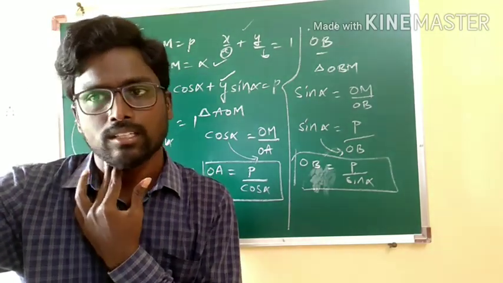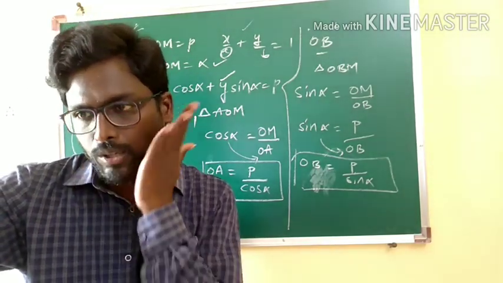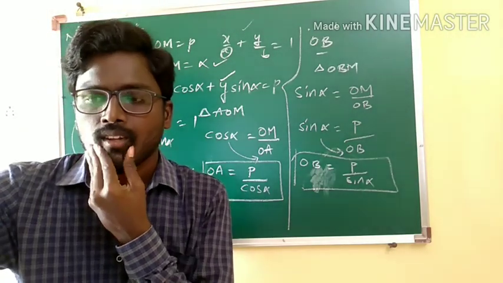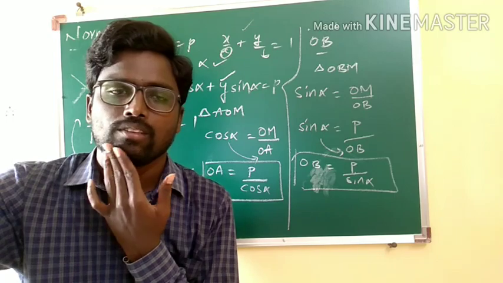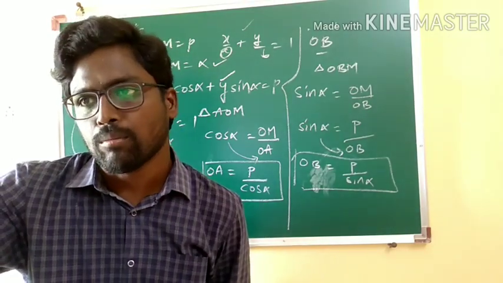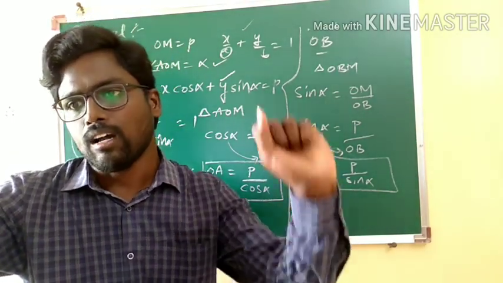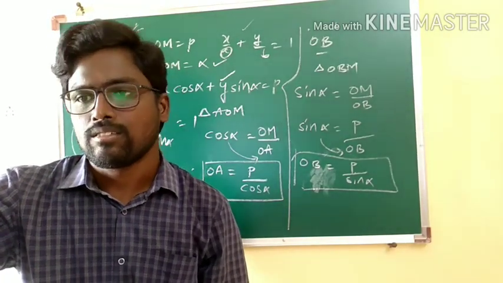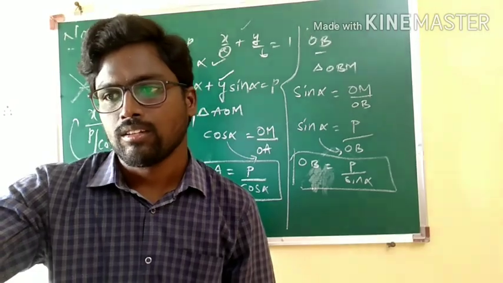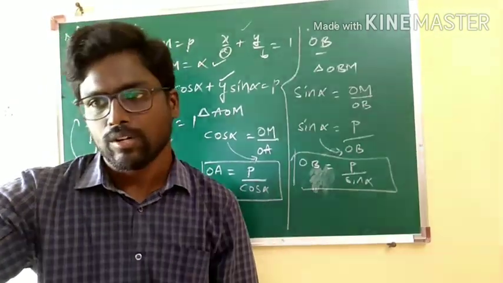Okay, write down under the note where the angle made by the normal, that is alpha, lies between 0 and 2 pi.